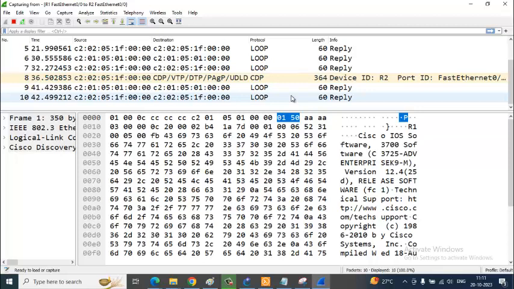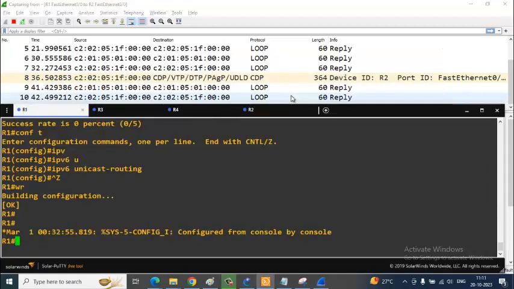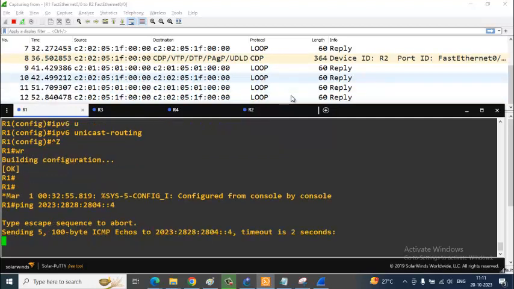No. Okay, because it's a tunnel interface, it's not coming. Let me try pinging. Then it will come.